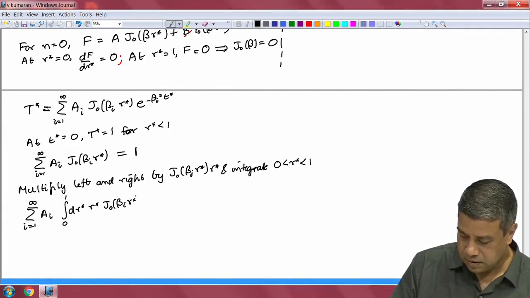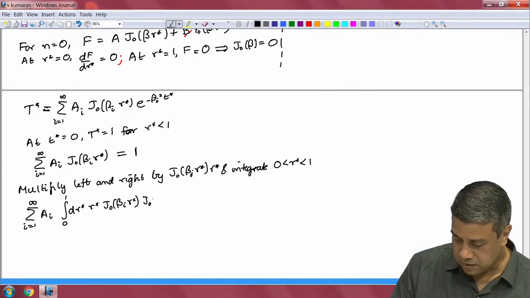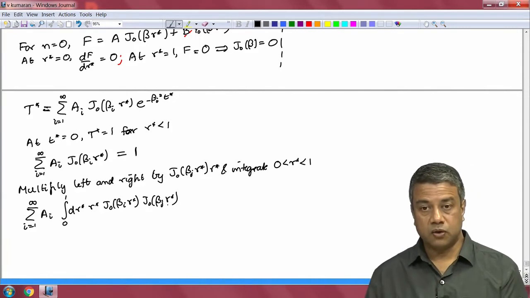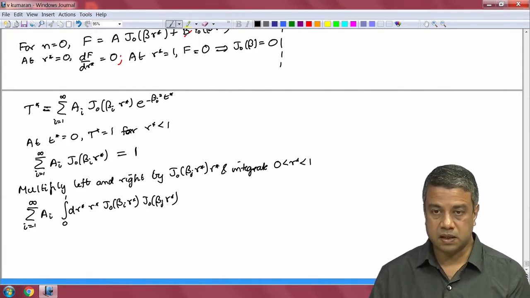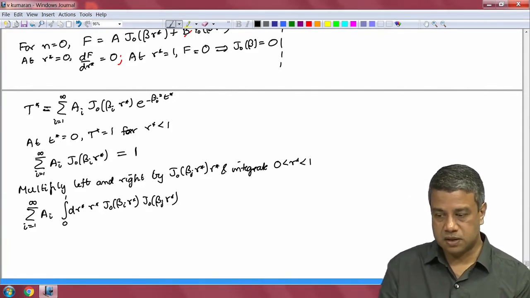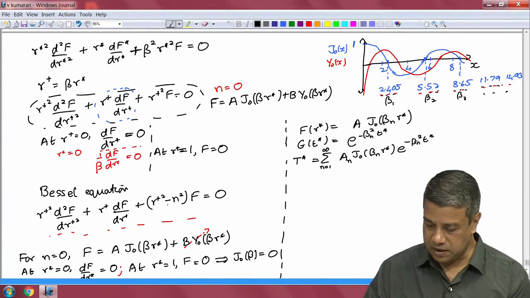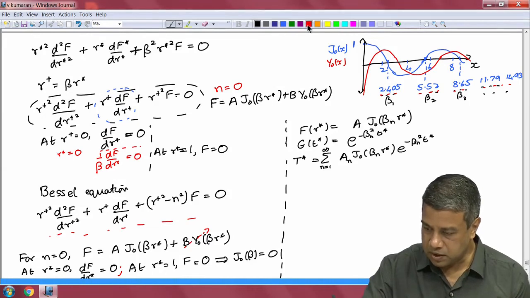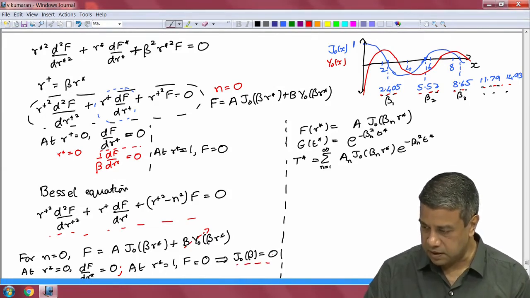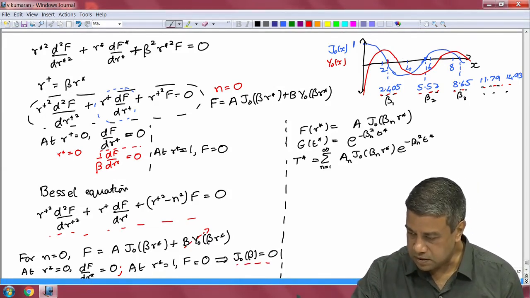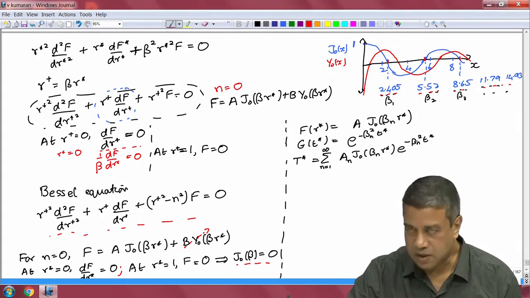r times j naught of beta j r, where both beta i and beta j are solutions of j naught of beta equal to 0. So, both i and j are locations where this function passes through 0.